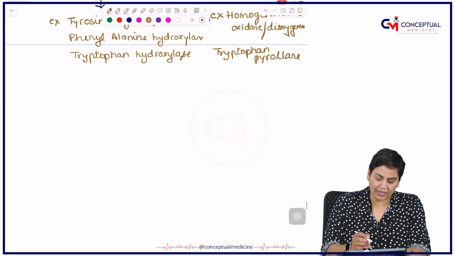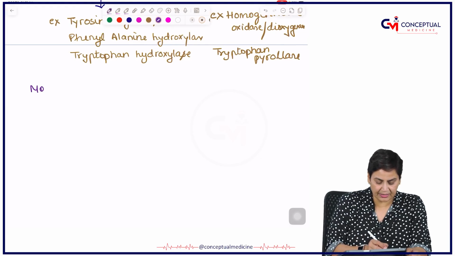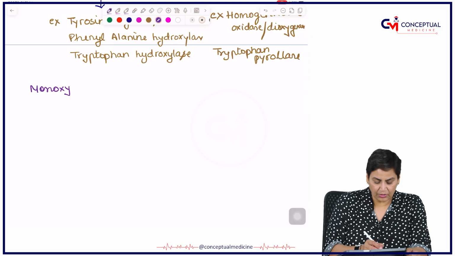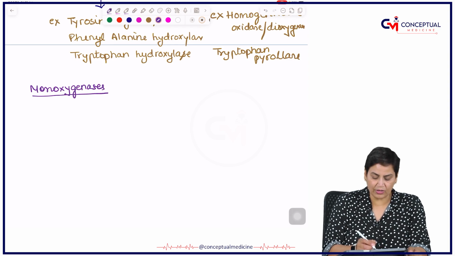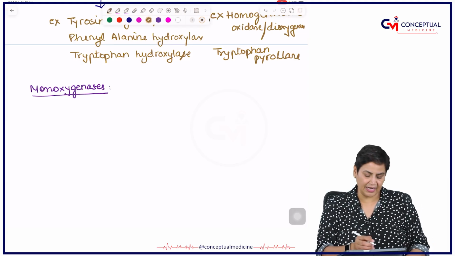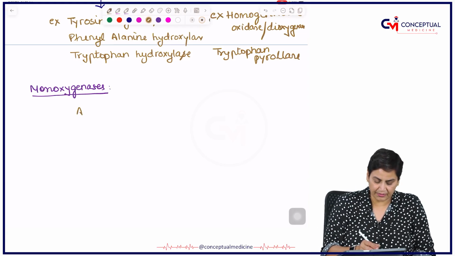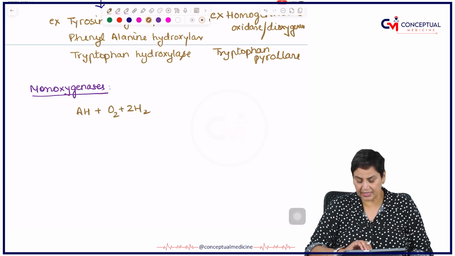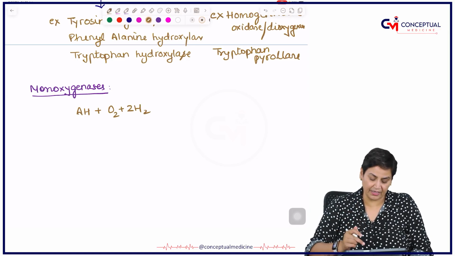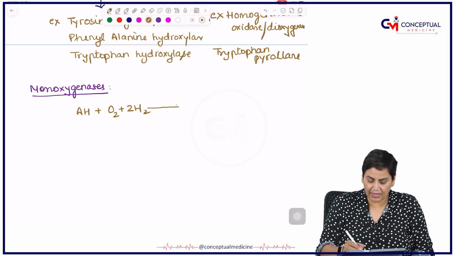Now if we talk about the reaction in monooxygenases, then only you will be able to understand the entire reaction. So in monooxygenases, I can simply say that this will be the reaction. Oxygen plus ZH2. So here you can see that only one oxygen is being added. And if we talk about the product, it is AOH.